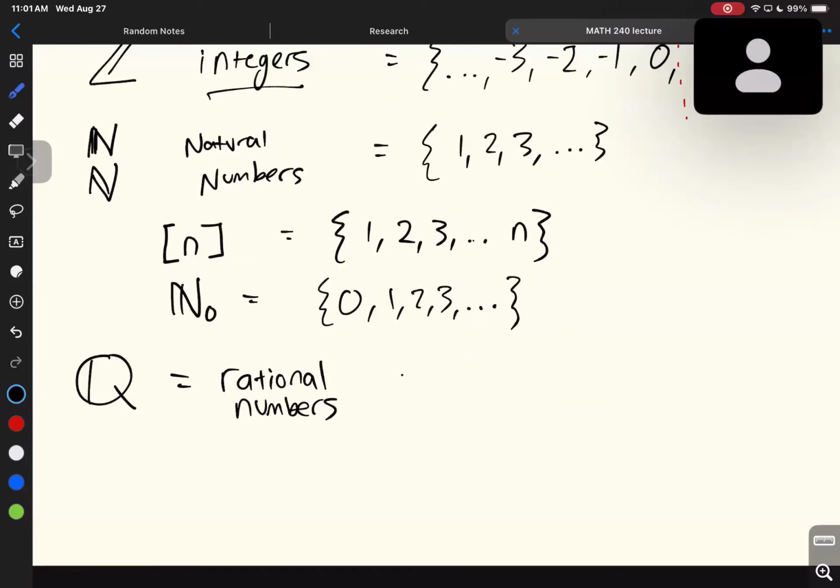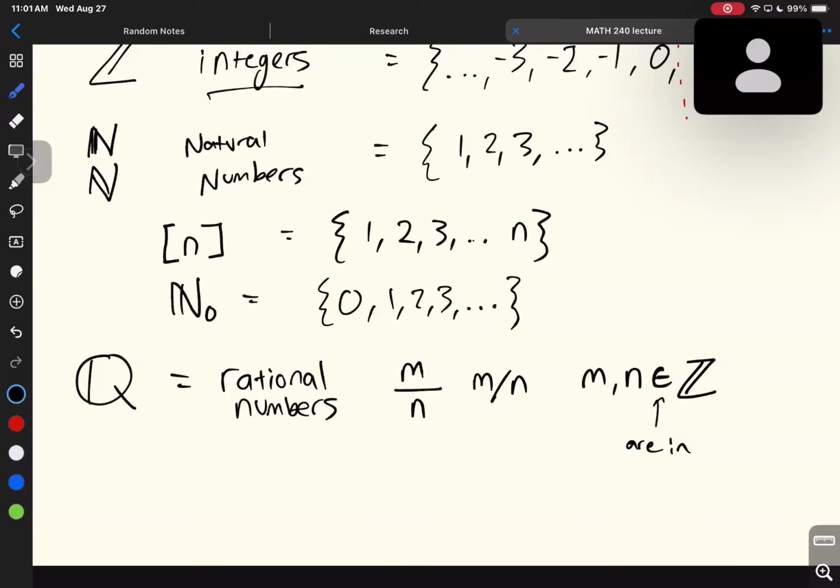So we'll see it as m over n, or m/n just inline, where m and n are both integers. This is fancy notation that says m and n are in the integers.